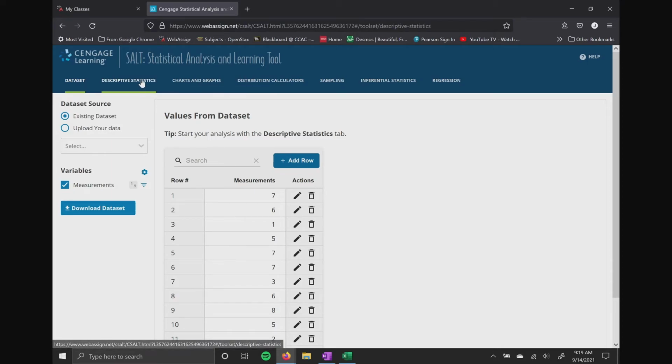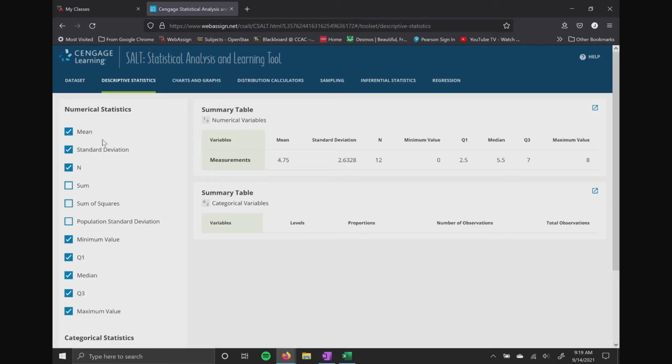So we click on descriptive statistics. On the left-hand side, we have mean, standard deviation, the number of samples. And then if you scroll down just a little bit, you're going to see population standard deviation. So I'm going to click on that, and then I'm going to get rid of everything else.